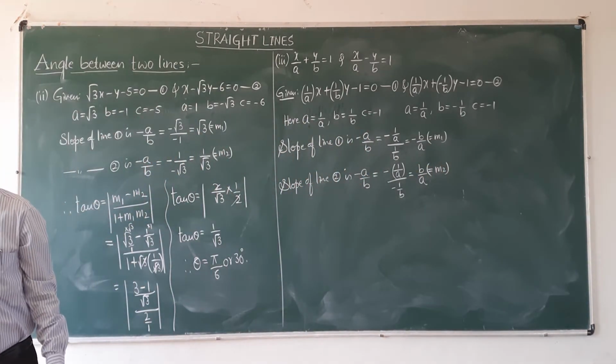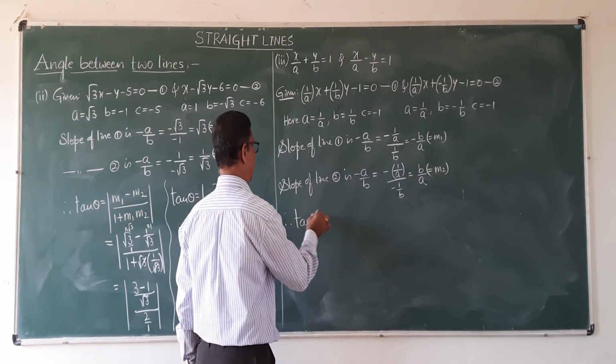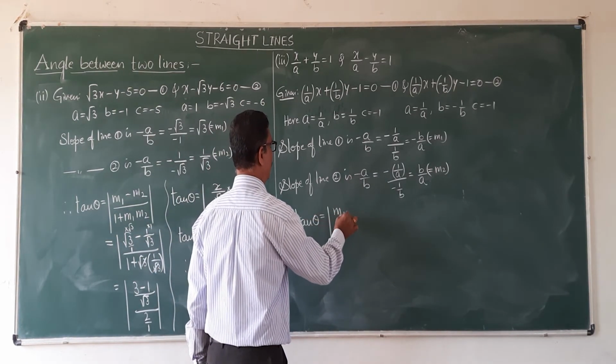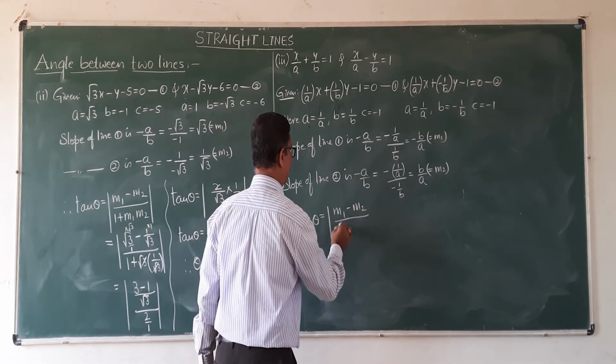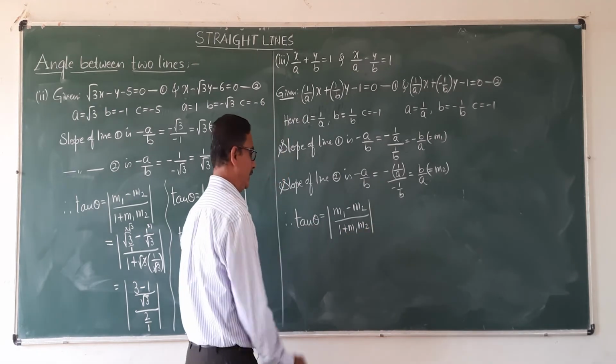Now, angle between two lines is given by the formula. Tan theta is equal to modulus of m1 minus m2 divided by 1 plus m1 m2, right?